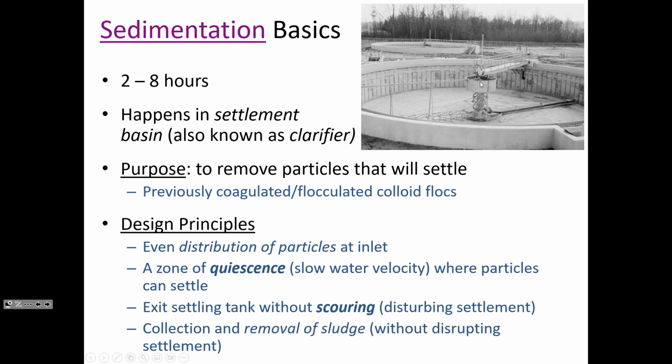So some of the things that can help us achieve effective sedimentation is distributing the particles so that they're not all entering the tank at the same point. So somehow evenly distributing all of the particles and having a section in the tank where the water is moving very slowly and that there aren't velocity gradients that disturb the downward movement of the flocs.